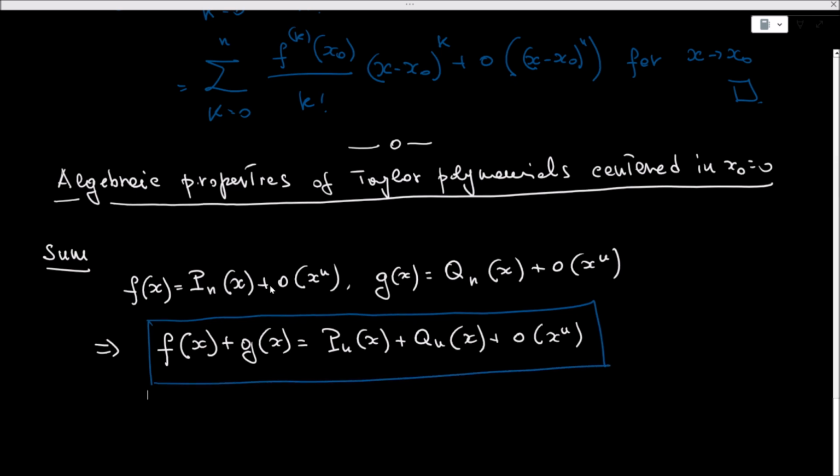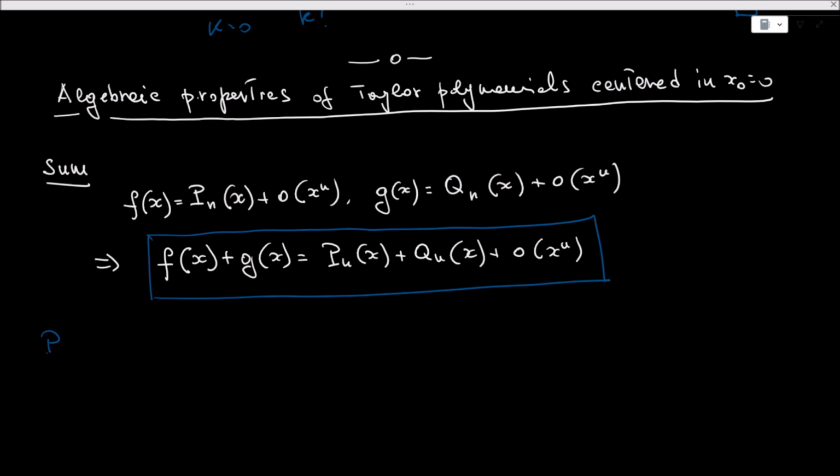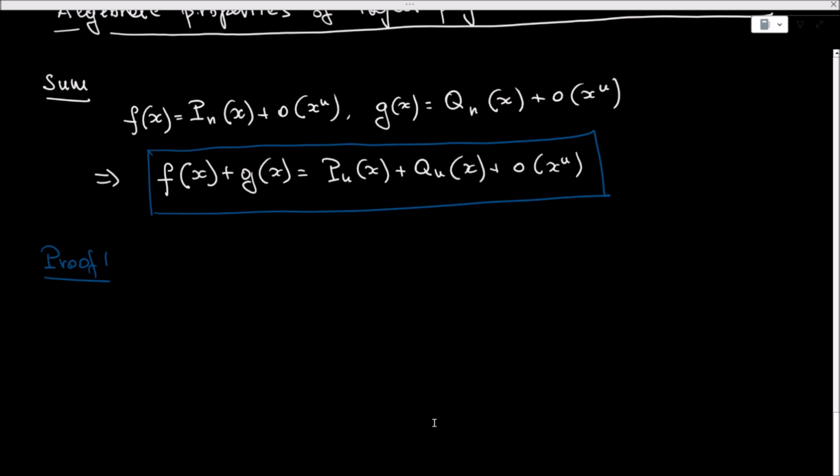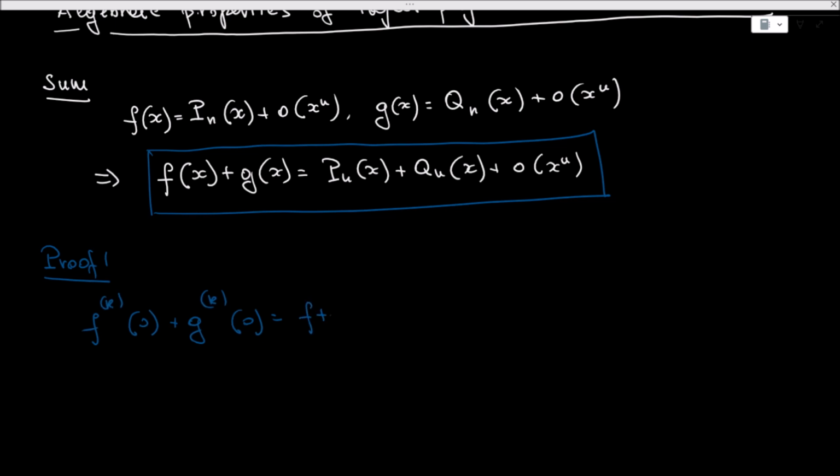And we will provide two proofs of this. Okay, so the first one is based just on the definition of the derivative of a sum. If we take the kth derivative of f in 0 plus the kth derivative of g in 0, because of the theorems about derivatives, this is nothing else than the kth derivative of the function f plus g evaluated at 0, right?